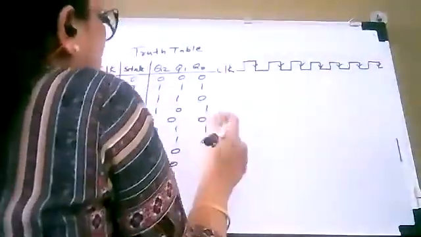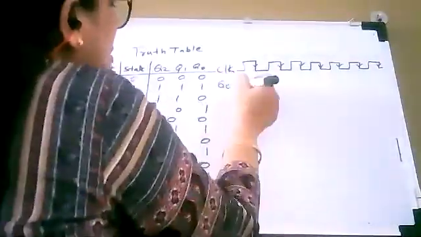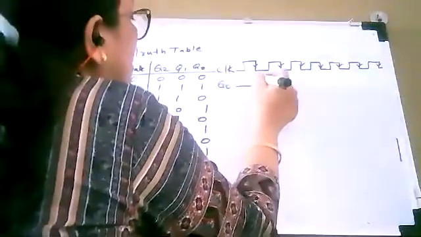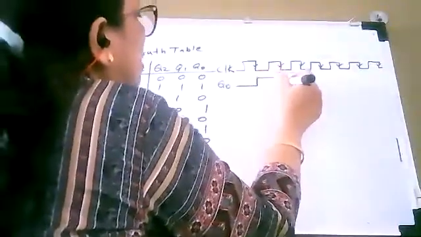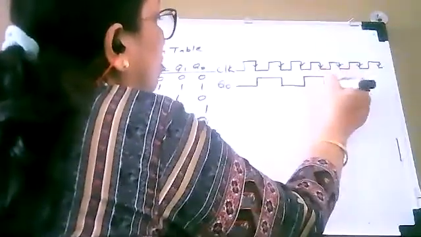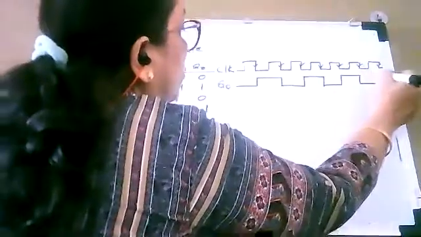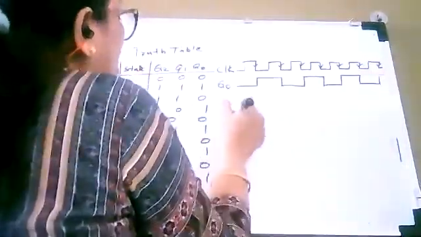So these are the clock pulses. After this, I have to draw Q0. Q0 is making transition from 0 to 1, 1 to 0, 0 to 1. It is changing for every clock pulse. So that is what you have to remember.